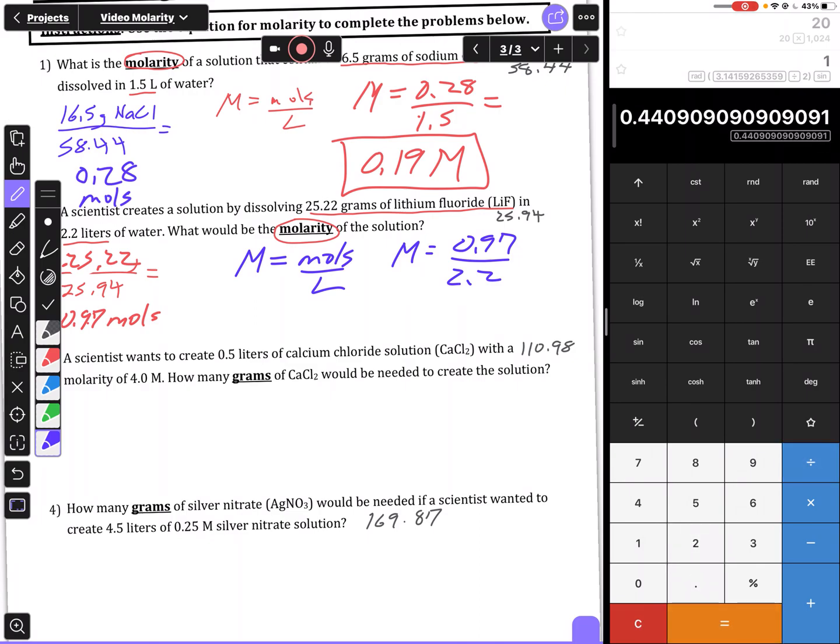And that's going to give me an answer, rounded to 2 decimal places, of 0.44. And my units would be a capital M for molar. So that would be a 0.44 molar solution, which would be 0.44 moles of lithium fluoride per 1 liter of solution.